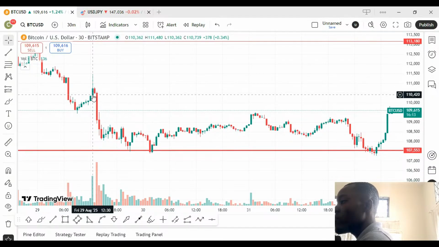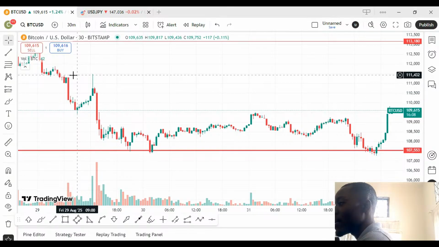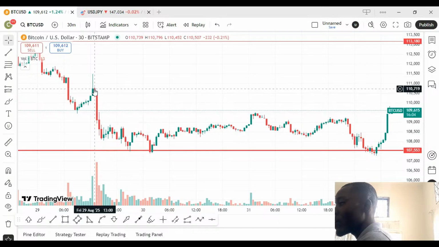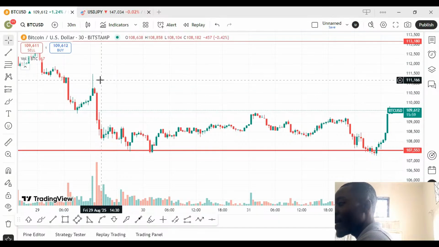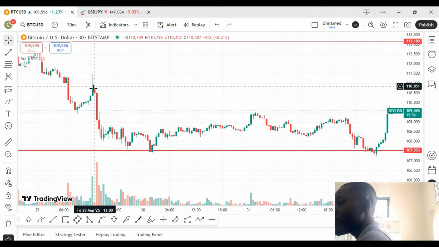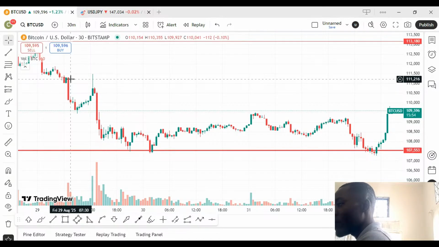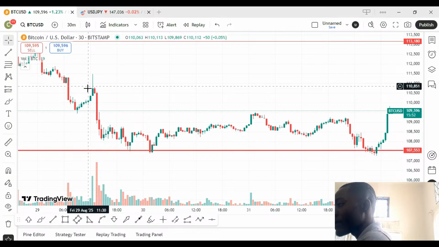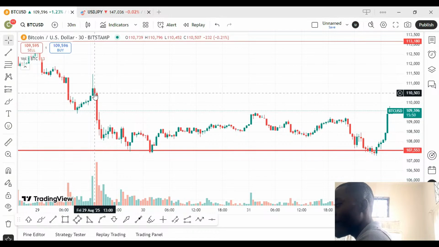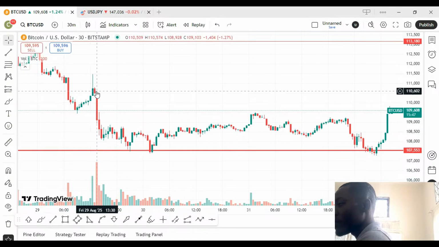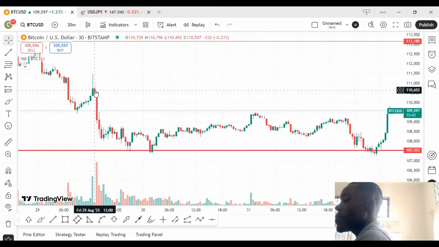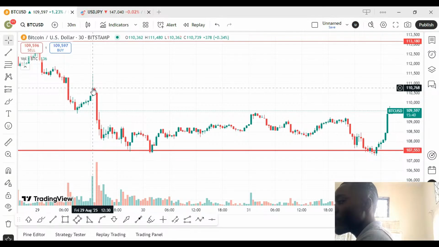So we saw a strong bullish engulfing candlestick push to the upside and retest this resistance area. And after that, the following one, we were expecting the market to continue to push to the upside, but it did not. Then we saw this bearish candlestick fall just close to that resistance area. You realize that this bearish candlestick is smaller than the previous bullish candlestick.